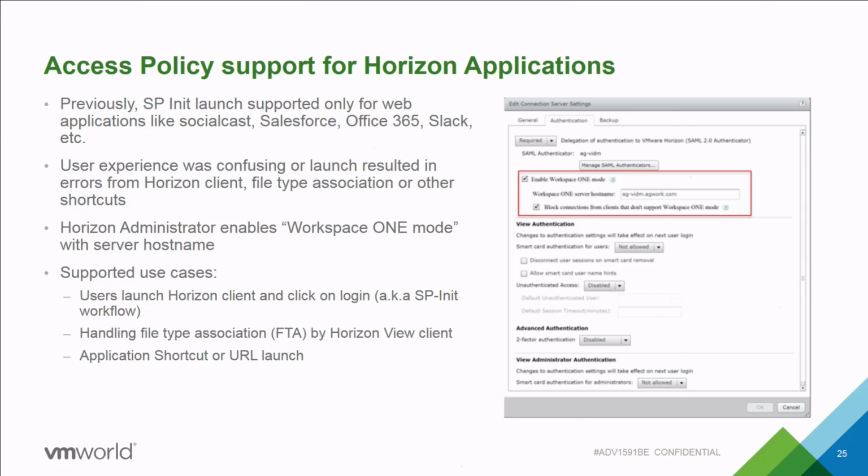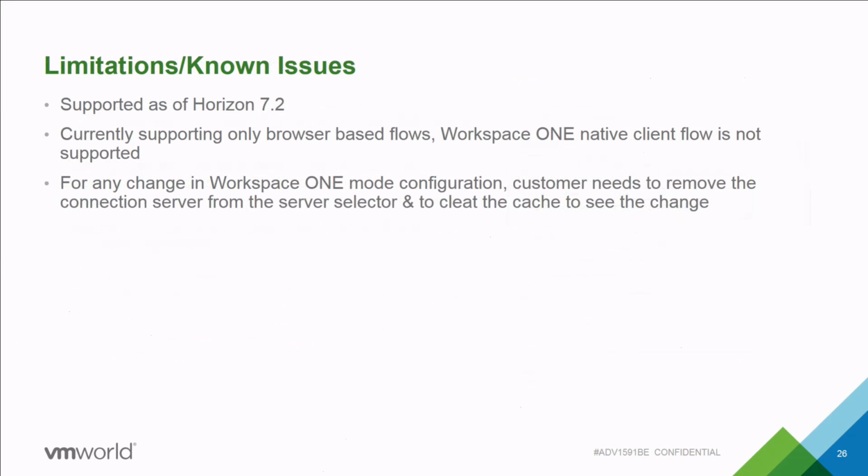Okay, so if I understand well, doing this is a Workspace ONE mode, right? Yeah. So if we do that, we make sure that any connection to the Horizon platform will be secured and managed through the VIDM and its access policies. Yes. That's great. So, do we have some limitations?